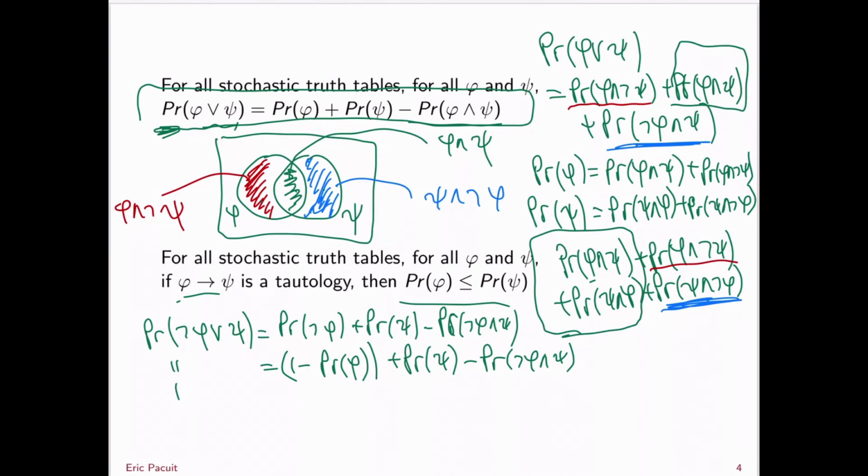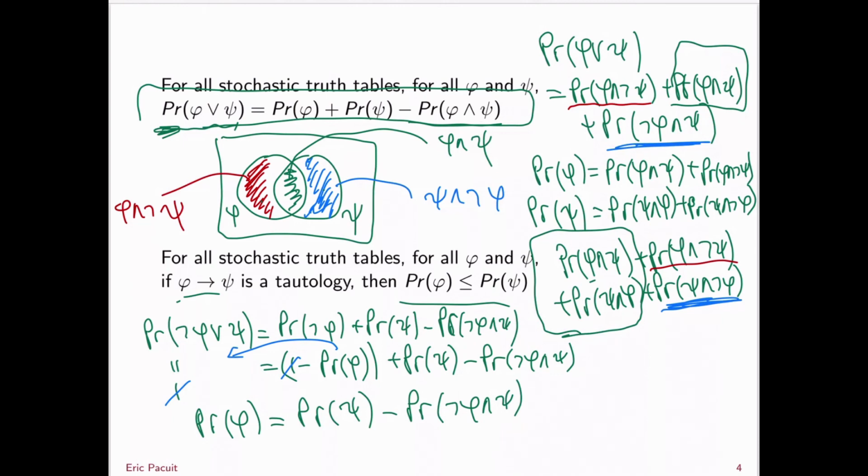If we were to simplify this equation a little bit, the 1's are going to cancel, and I can add the probability of phi to both sides. So I'll get the probability of phi is equal to the probability of psi minus the probability of not phi and psi.